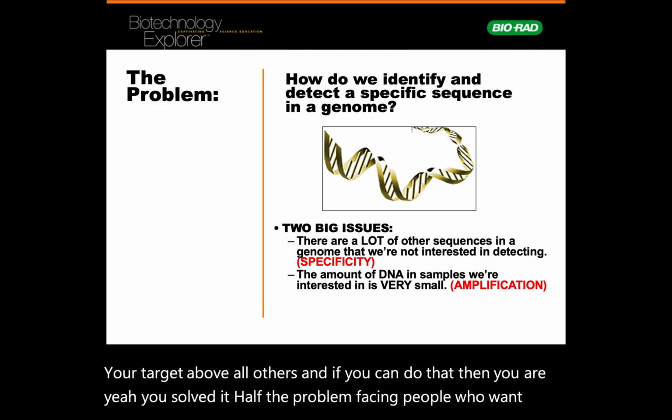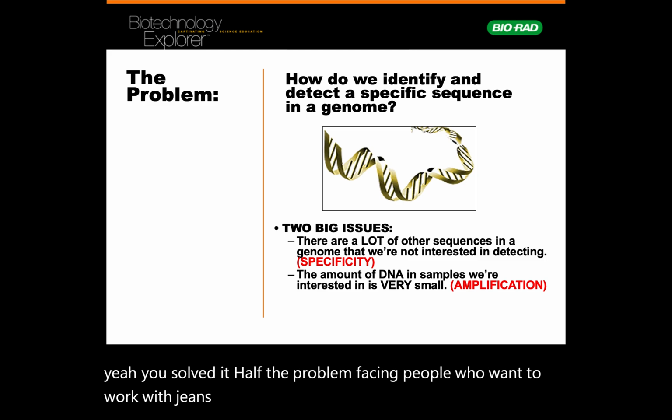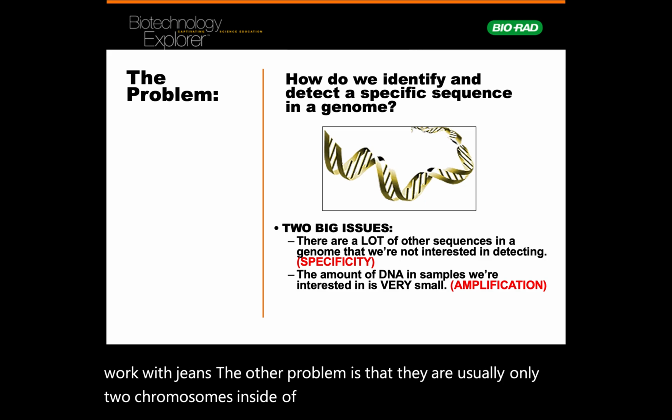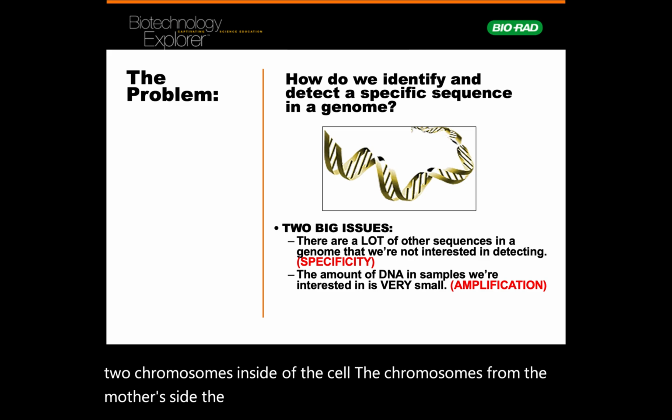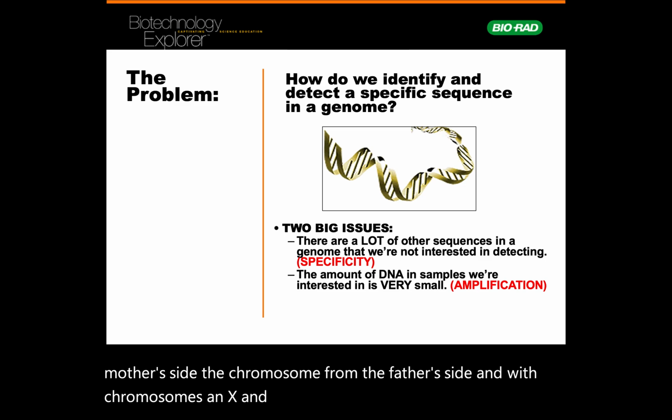The other problem is that there are usually only 2 chromosomes inside of a cell. The chromosome from the mother's side, the chromosome from the father's side, and with chromosomes like an X and a Y, there can potentially only be one of that chromosome inside of every cell.